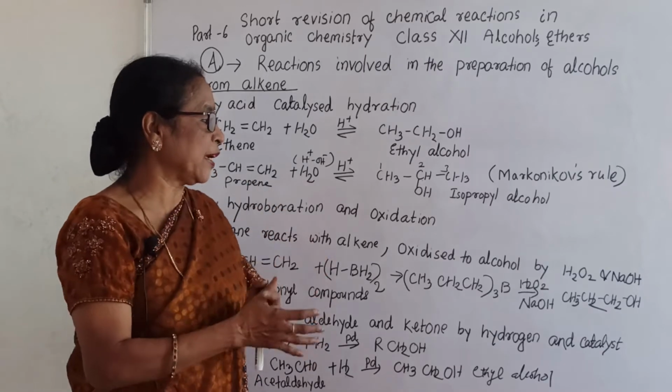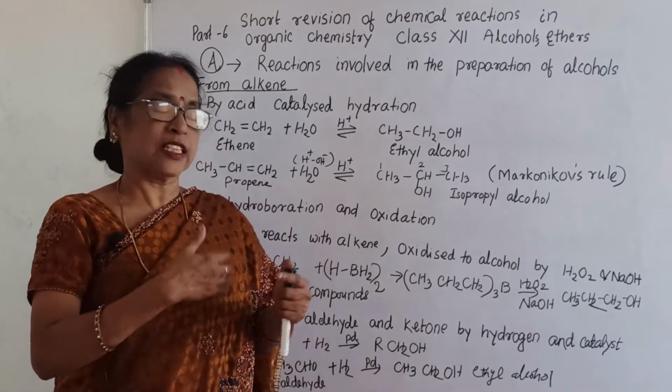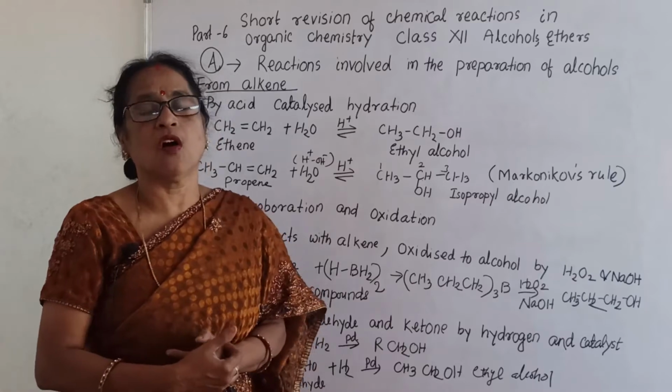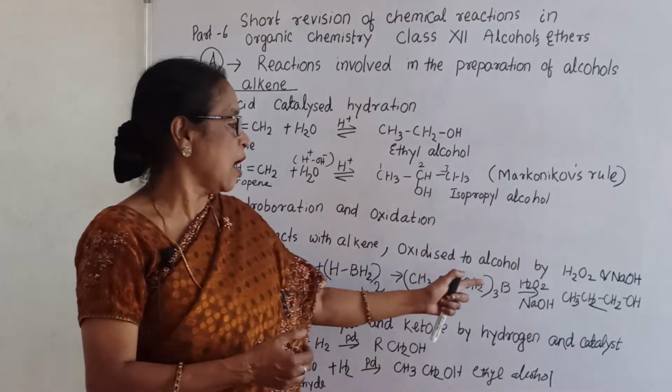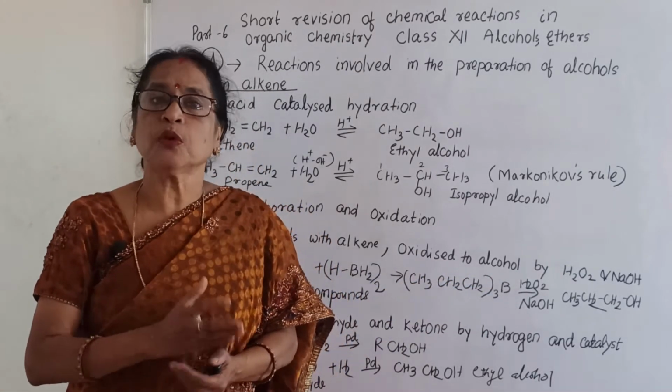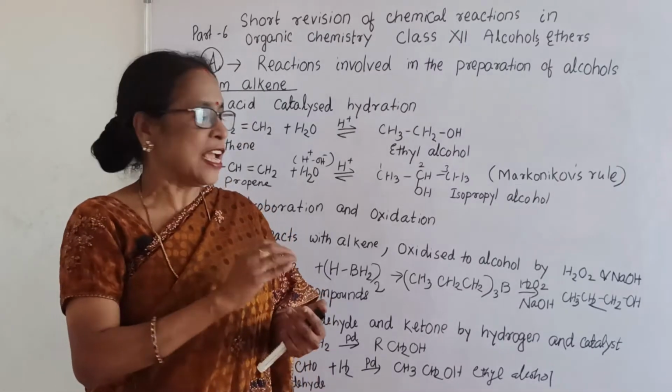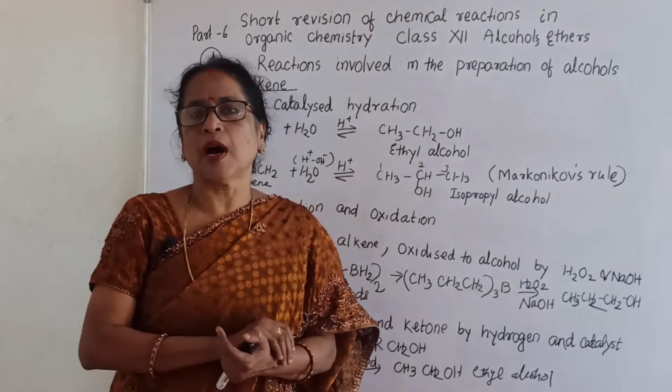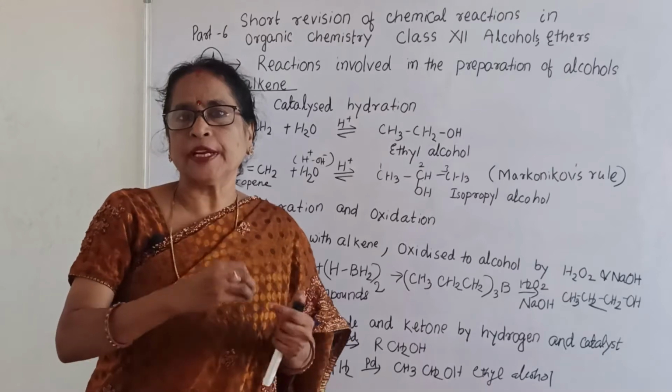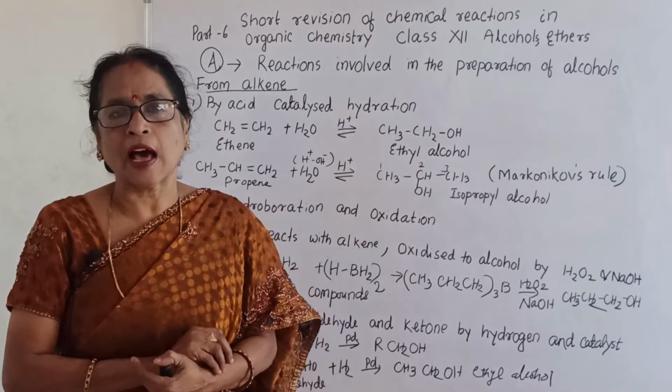And that product is then oxidized to alcohol by the help of H2O2. What is H2O2? Hydrogen peroxide, in presence of sodium hydroxide, because it should react in presence of alkali.